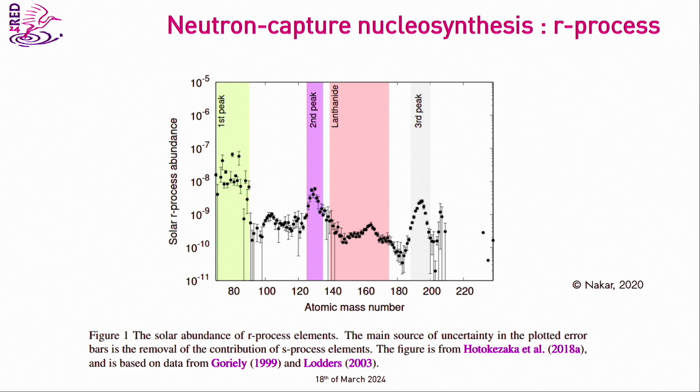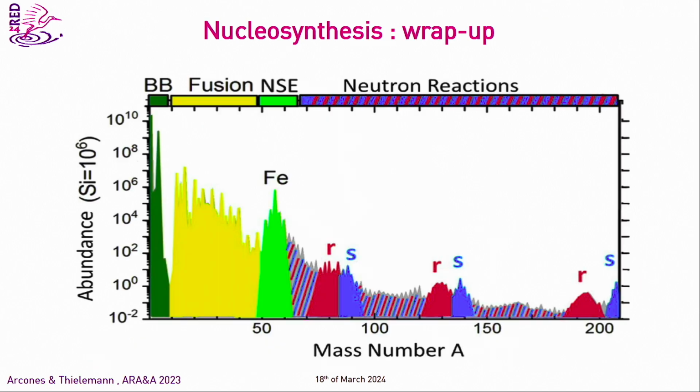So to wrap up the nucleosynthesis sites, we now know that when we go back to the cosmic abundances, we have the very light elements that come from Big Bang nucleosynthesis. Thermonuclear fusion explains all the elements up to the iron peak elements, which are stable because of nuclear statistical equilibrium, because of their binding energy, which is so strong.